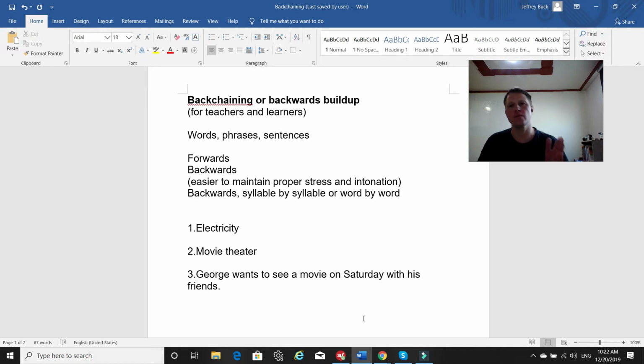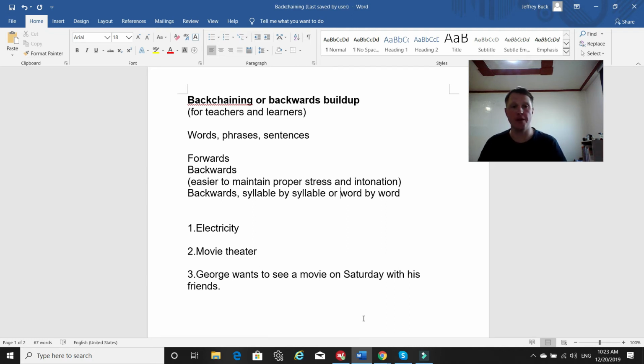So electricity, T, city, tricity, electricity, electricity. So the teacher says it that way, and the learners listen and repeat, or you can do it on your own if you're a learner not working with a teacher.